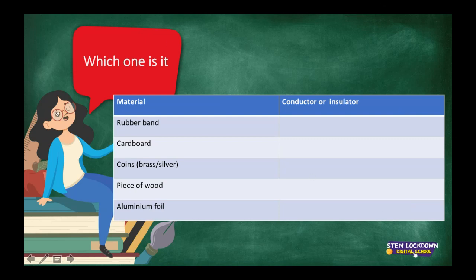So, all right, rubber band, insulator. Thank you, Yovu. Shakira, insulator. Karabo, insulator, 100%. Right, what about the next one, guys? What about cardboard?